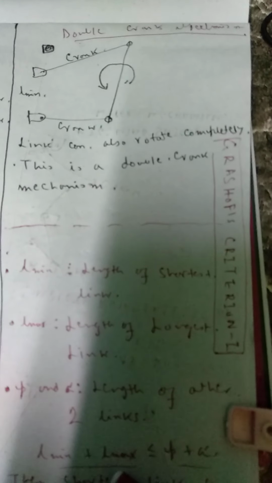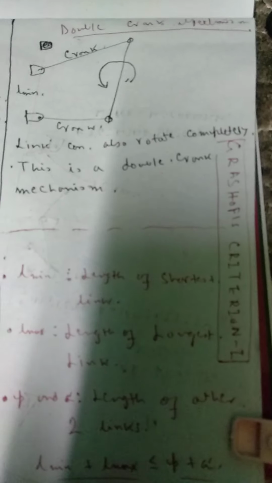According to the Grashof's criterion, L min plus L max is less than or equal to P plus Q. That means the sum of the lengths of the longest and the smallest link must be less than or equal to the sum of the lengths of the intermediate links.